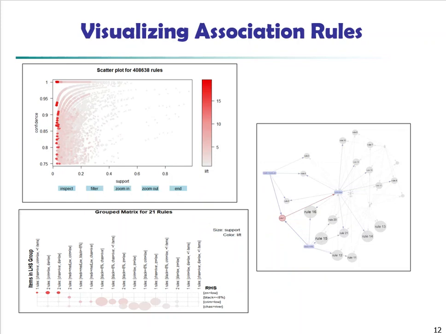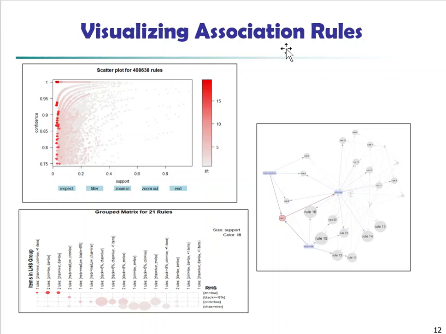The fourth example that I'm going to introduce is using those dots and matrices and graphs to visualize association rules. We mentioned that with association rules, it's often easy to mine many of them.